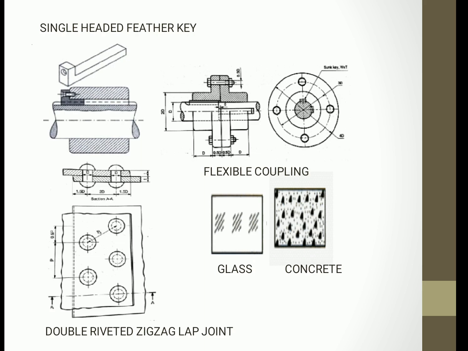In a flexible coupling, each shaft is keyed to a flange, and the flanges are coupled together with the help of bolts. So we can use 3, 4, 5, or 6 bolts.